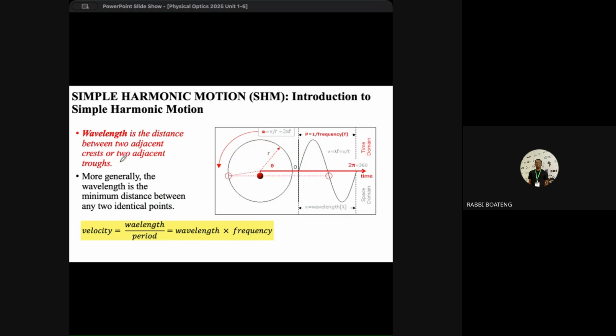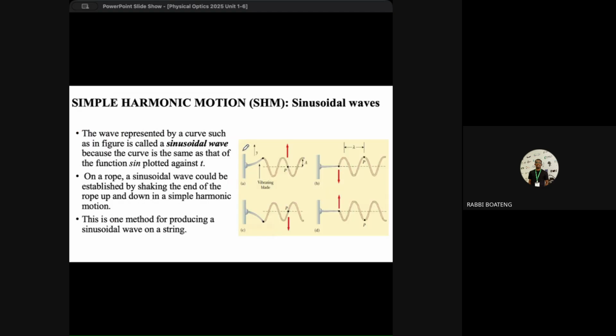So now we can also relate something we call the wavelength, where wavelength particularly talks about the distances between two adjacent, let's say, crest or trough. Or maybe you can just define it as the distance that we've completed for a cycle. Exactly. But let me use a different waveform.